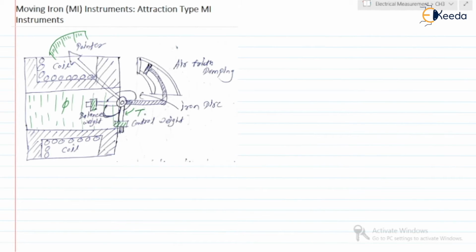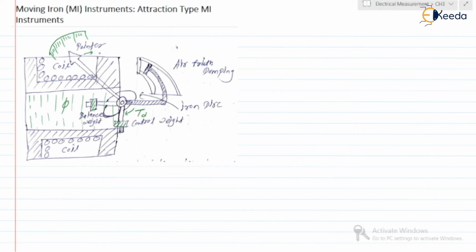Can we say that this is nothing but the deflecting torque? Due to the iron disc movement, a force is produced, and that is the deflecting torque. As the iron disc is connected to the pointer, the pointer will start to move.